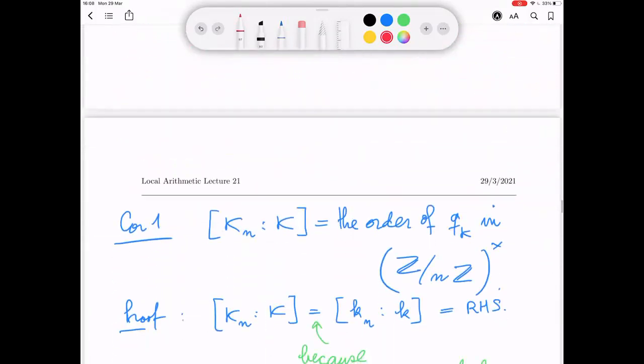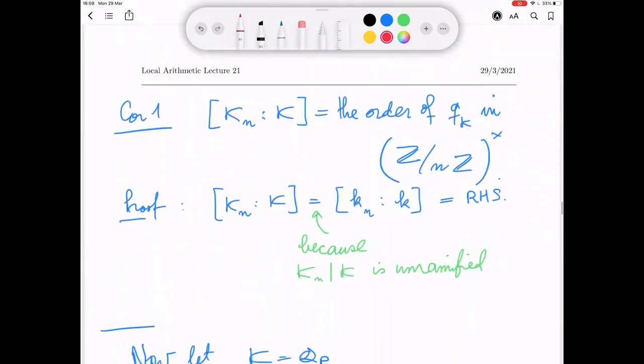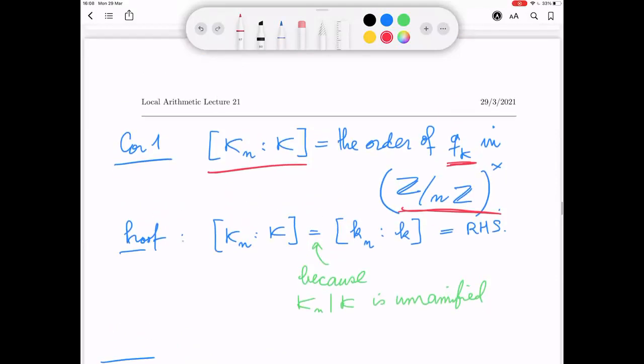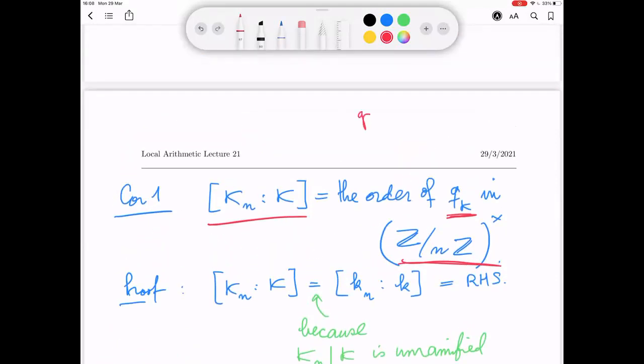Here is the computation of the degree. The degree of k_n over k is equal to the order of q_k in (Z/nZ)^*. Of course, this we had assumed, that n is not congruent to 0 mod p.